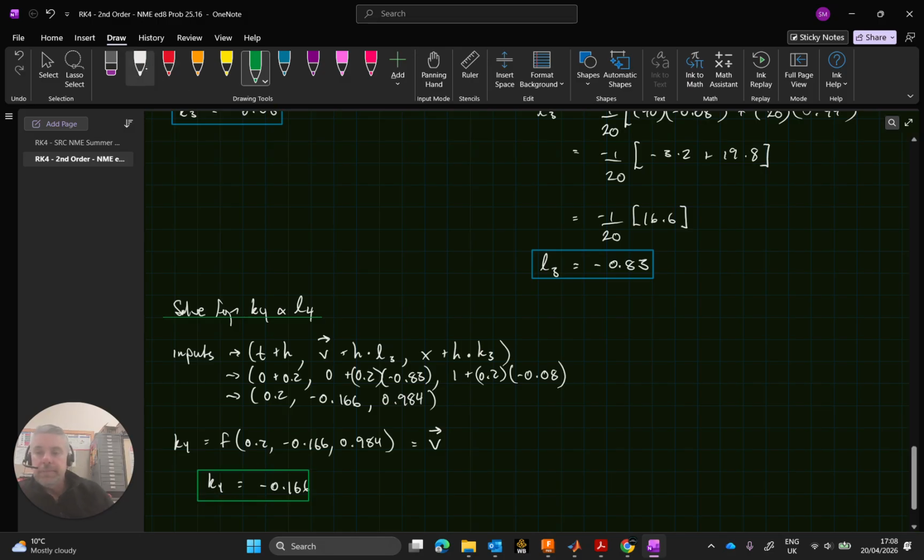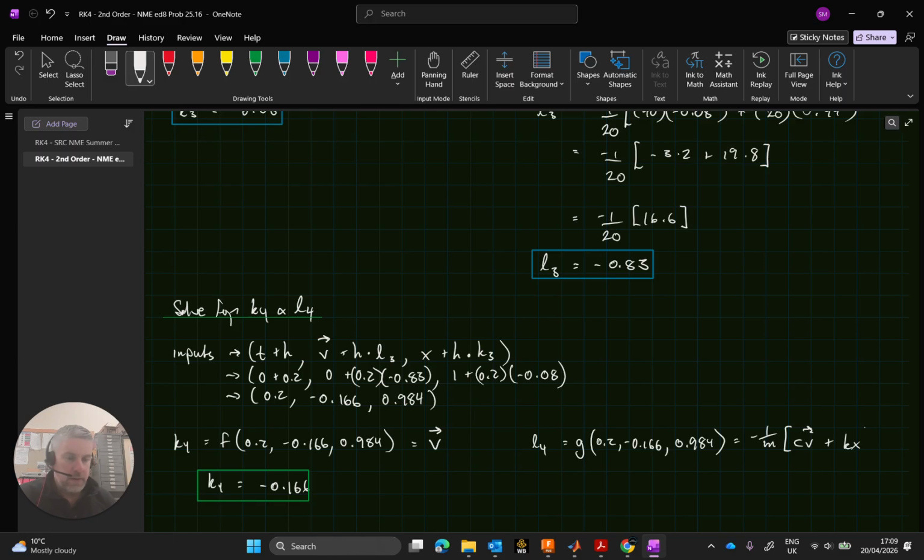All right, L4. L4 is equal to the g function, and we're using 0.2, minus 0.166, 0.984, and that is equal to minus 1 over m times c v plus k x.